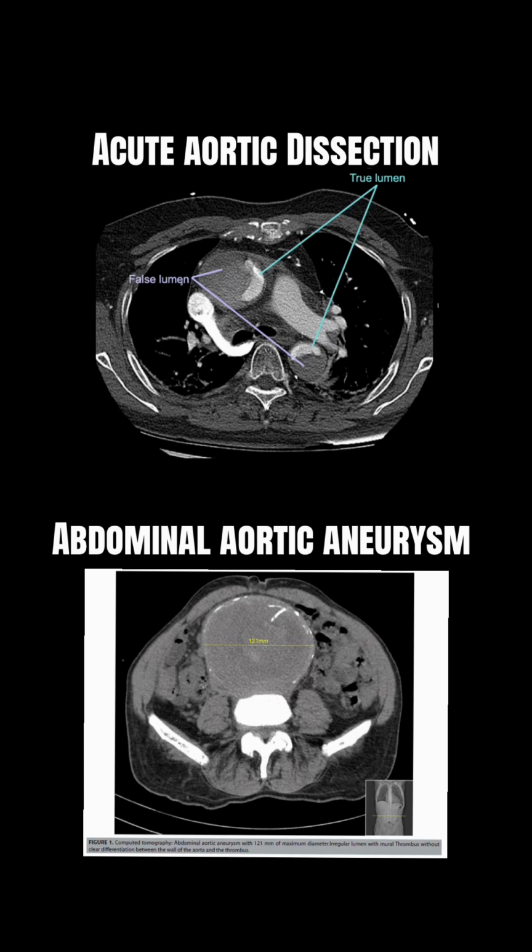Now, how will a patient present in acute aortic dissection? They will present with sudden tearing chest pain radiating to the back, and differences in systolic blood pressure between both arms. The patient will already have hypertension, and then there will be a significant difference between the left and right arm systolic blood pressure.